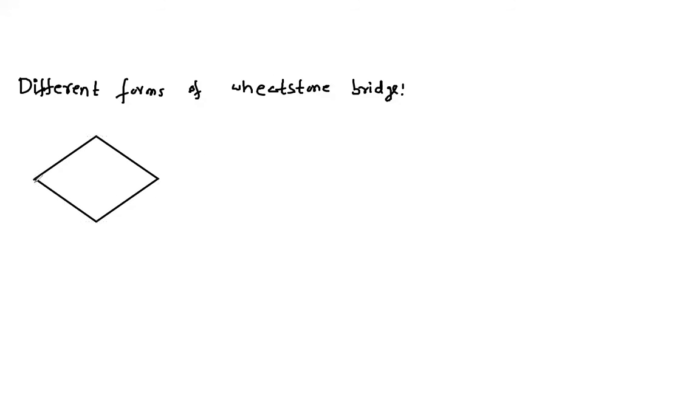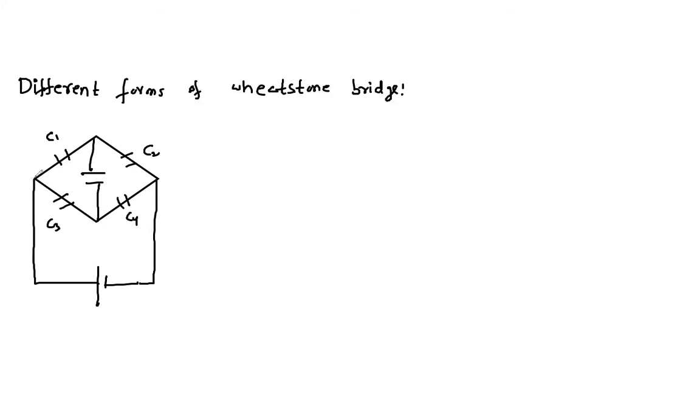That's purely your choice. Let's make it using a capacitor. This capacitor is C1. This capacitor is C2. This is C3. This is C4 and this one is C5. This is point A, this is B, this is C, and this is D.